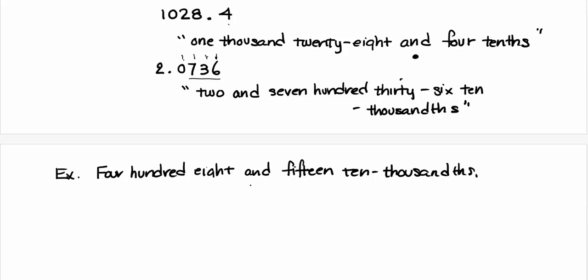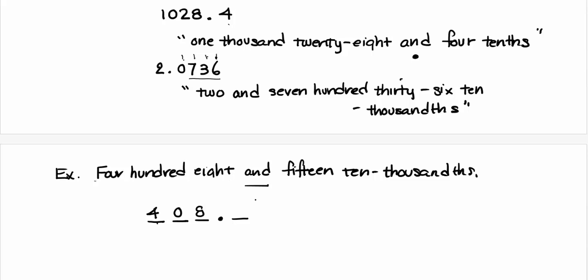Okay, so we see the word "and," and of course we know that there's going to be a decimal point here, right? And we said we want 400. So 400 brings us out to the hundreds place, and it says 408, right? Not 18, 408. So we put a 0 in between the hundreds place and the ones place.